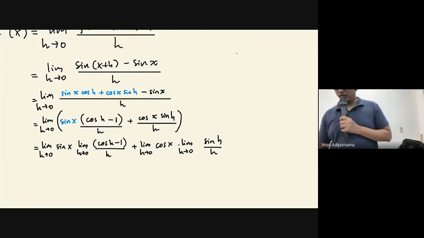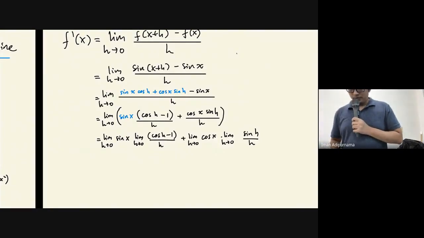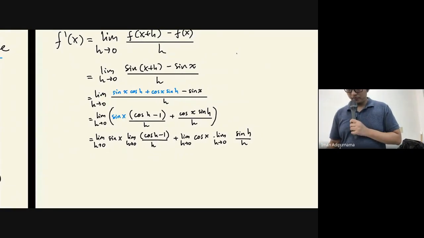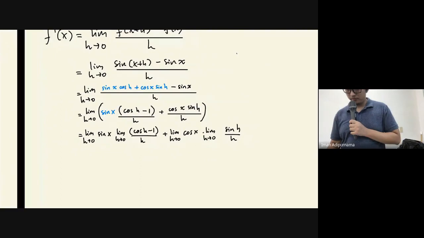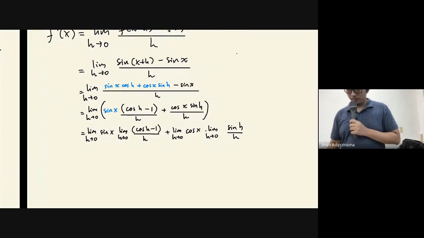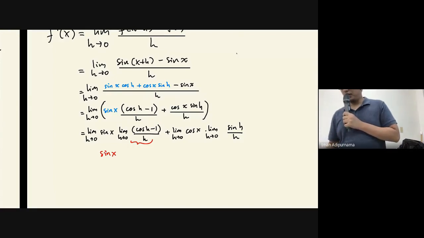This is sine x, right? And cos h minus 1 over h, this one. Have I told you before the cos x minus 1 over x? Not yet? Maybe later. It should be equaling 0.